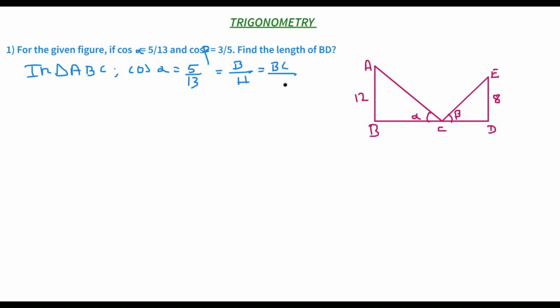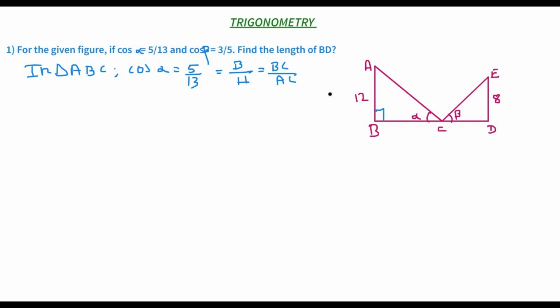And what is the hypotenuse? Hypotenuse is the side exactly opposite to 90 degrees. So here the 90 degree angle is B. The side exactly opposite to the 90 degrees is AC. So AC is the hypotenuse. Either you can remember it like this, or remember that AC is the longest side of the right angle triangle. Both are right.